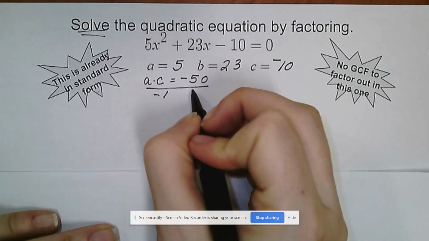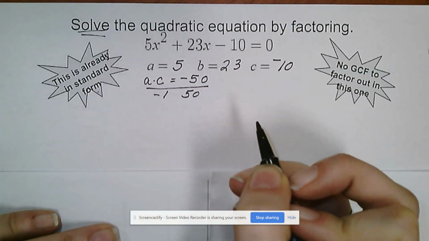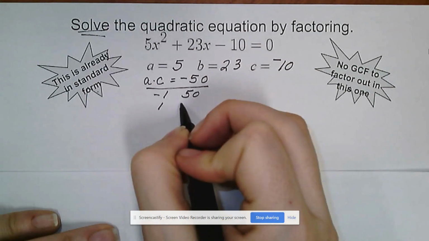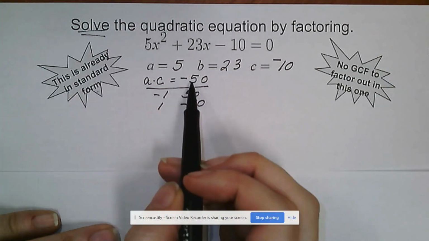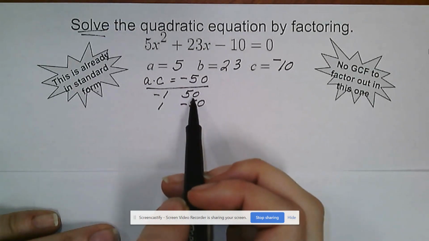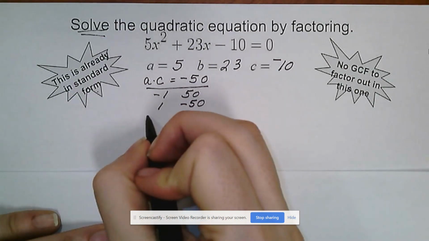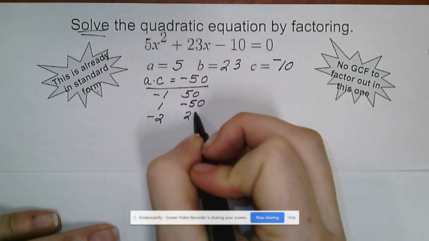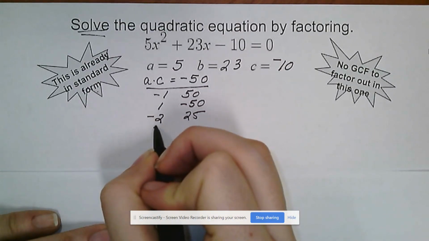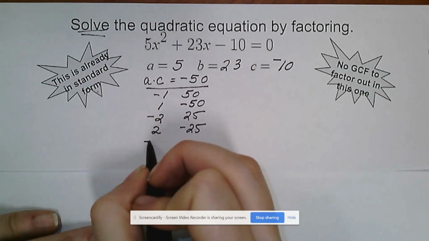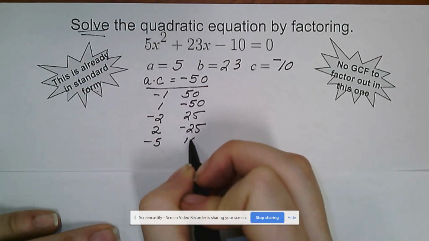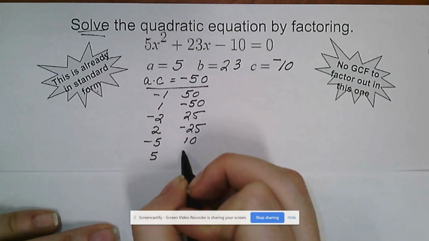I can have a negative 1 and a 50, or I could have a 1 and a negative 50. Because remember, the only way to get a negative number is a negative times a positive. I could have a negative 2 and a 25, or I could have a positive 2 and a negative 25. I could have a negative 5 and 10, and I can have 5 and negative 10.